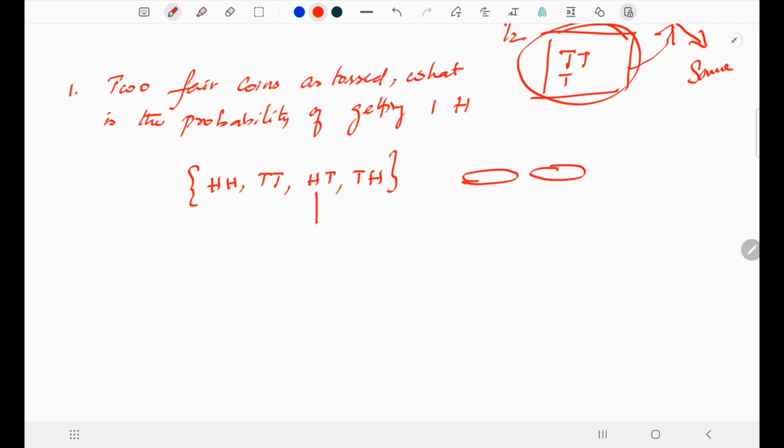The number of outcomes is 4, and we get one head in 2 of the 4 outcomes, which equals 1 by 2.